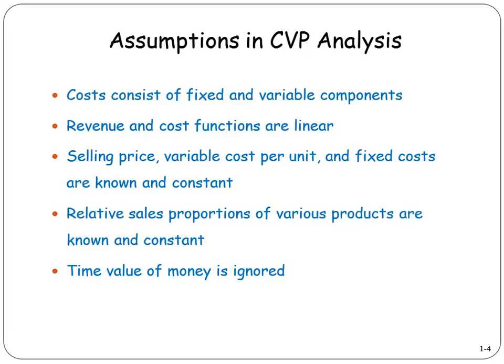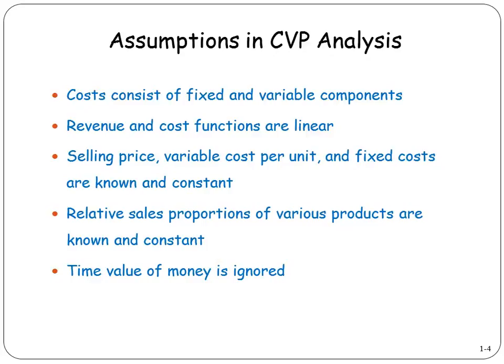Some of the simplifying assumptions that we'll make as we talk about it. Costs contain a fixed and a variable component. Our cost and revenue functions are linear. We know our selling price, we know our variable cost per unit, and we know our total fixed costs.